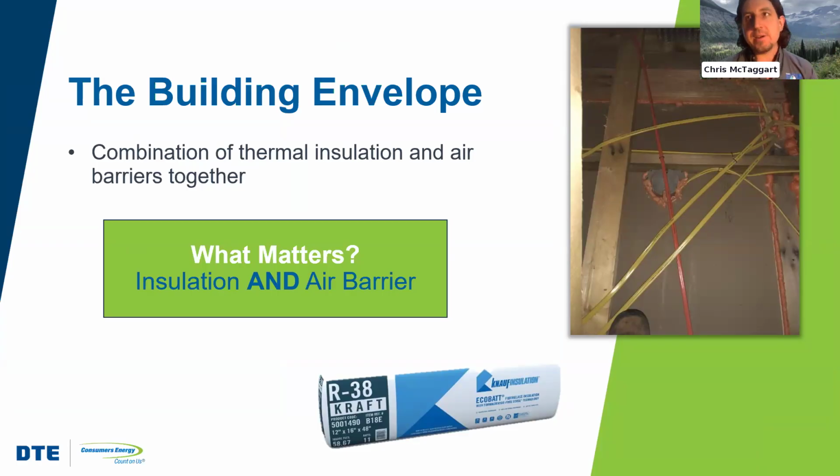Well, if we just have an air barrier but no insulation, you may have air tightness, but you're not really going to have the comfort associated with insulation, which stops conductive heat loss. If we have insulation but no air barrier, there's a risk of what's called wind washing, where we have air going through the insulation, and that actually reduces its effectiveness. And we'll see why here in a little bit.